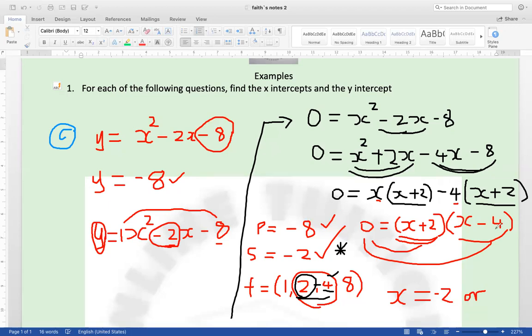So meaning when you equate this to 0, you'll find that the 4 becomes positive, because this will have to cross over the equal sign, and this is how your answers will be. Questions? Otherwise I've exhausted my points, and this is how you can find the x-intercepts as well as y-intercepts.